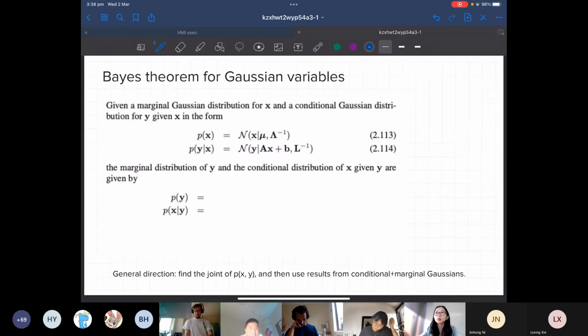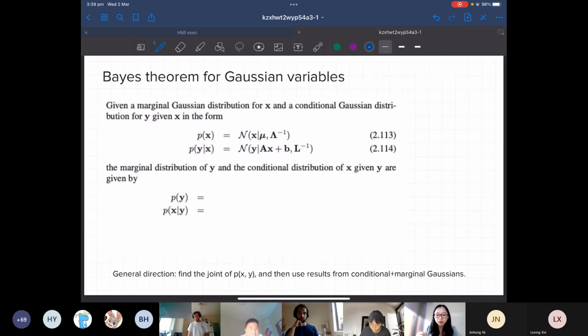Now assume we have X and Y. Again, there's a bit of a notation change. In chapter 2, the multidimensional Gaussians are called X, XA, XB, and Y. But in chapter 3, some of them are called W. We'll get there in a bit.